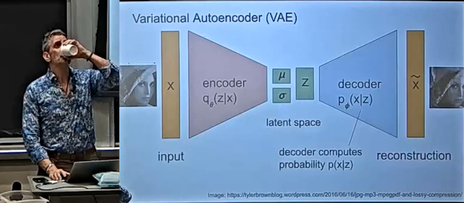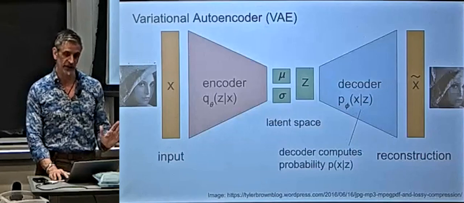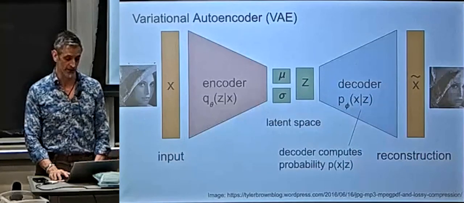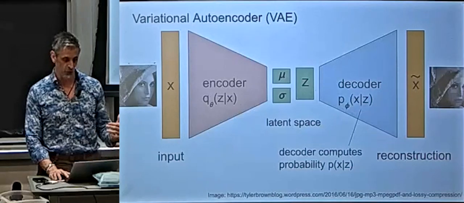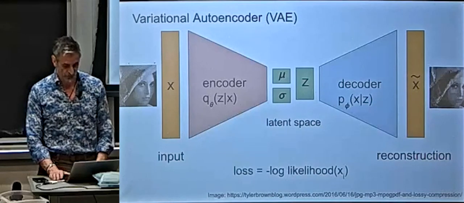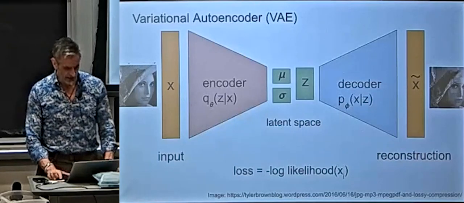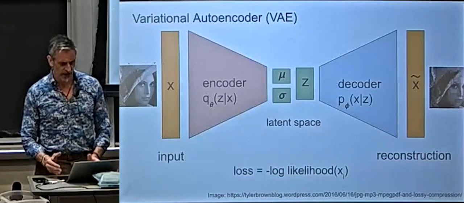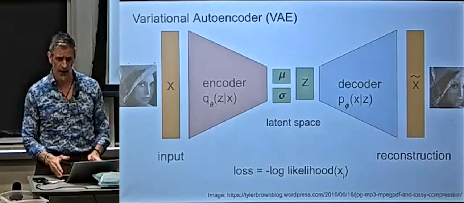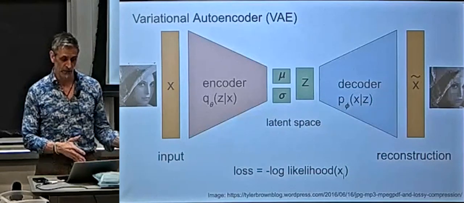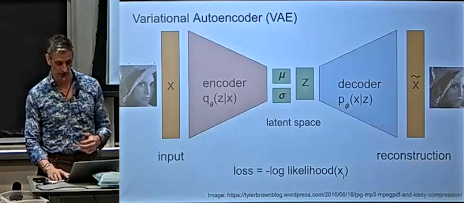Our decoder, we can define as computing exactly the probability of a certain image given some coordinate in the latent space. And at the end of the day, in any autoencoder, at least part of it has to be training the model to maximize the probability of our observed data.